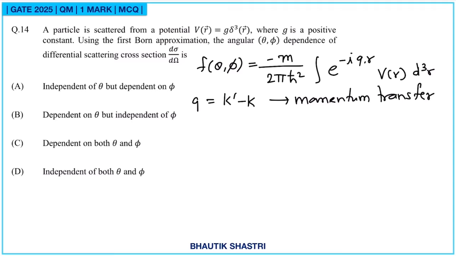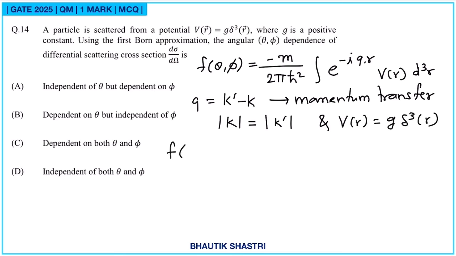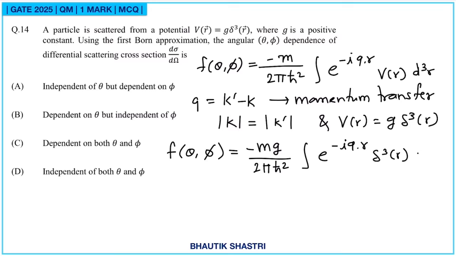And if we are considering elastic scattering, then the magnitude of k and k dash will be same. And here V of r is g delta cube r. So f of theta phi is equal to, g is a constant, so minus mg upon 2 pi h cut square integration e raised to minus i q r delta cube r d cube r. So this is an integration and it will give us value only when r is equal to 0.